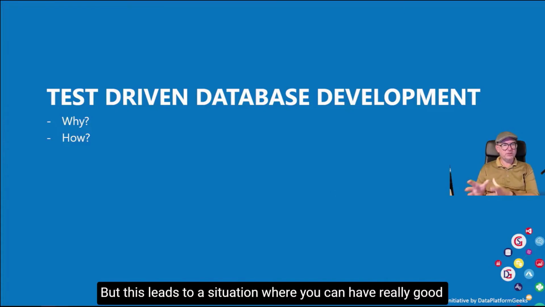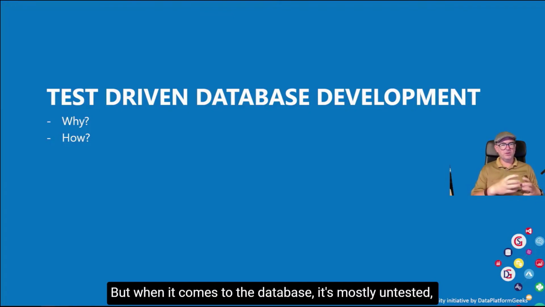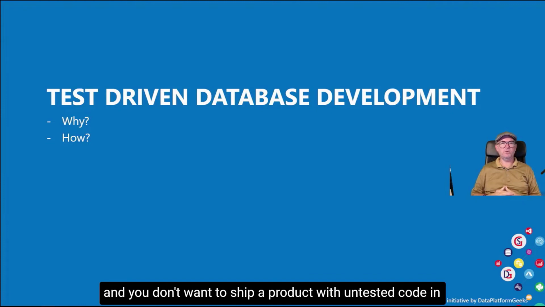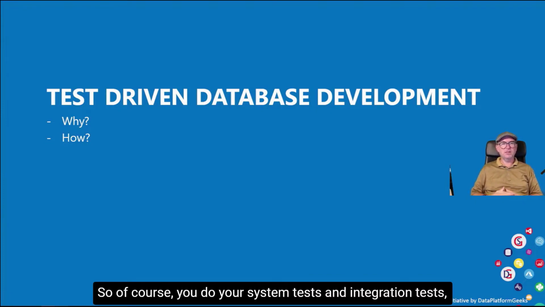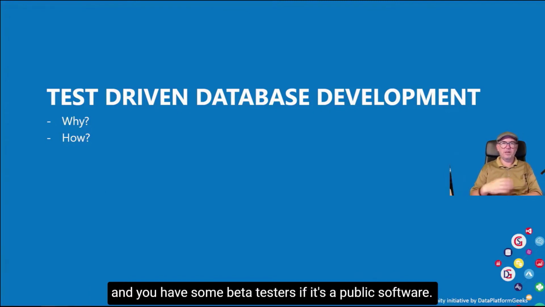But this leads to a situation where you can have really good test coverage in the backend code. But when it comes to the database, it's mostly untested, and you don't want to ship a product with untested code in the database. So of course you do your system tests and integration tests, and you let your business users click around in the interface, and you have some beta testers if it's a public software.